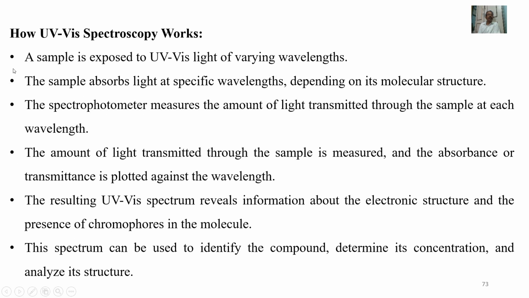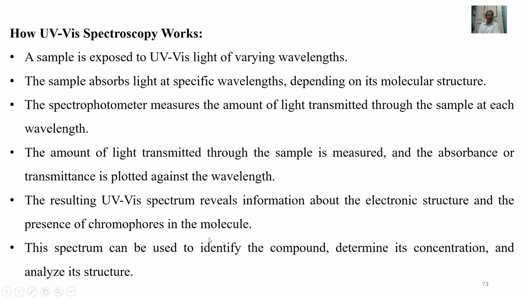How UV spectroscopy works. A sample is exposed to UV light of varying wavelengths. The sample absorbs light at specific wavelengths depending on its molecular structure. The spectrophotometer measures the amount of light transmitted through the sample at each wavelength, and the absorbance or transmittance is plotted against the wavelength.